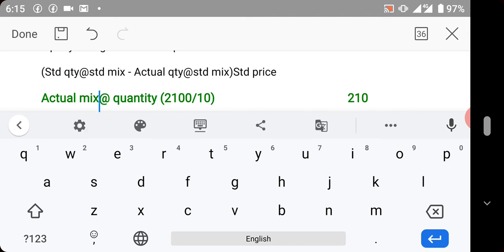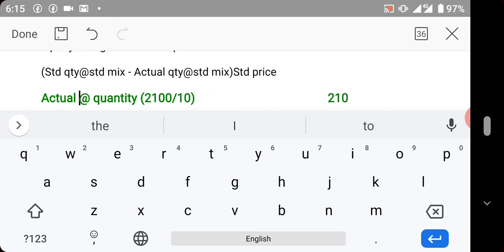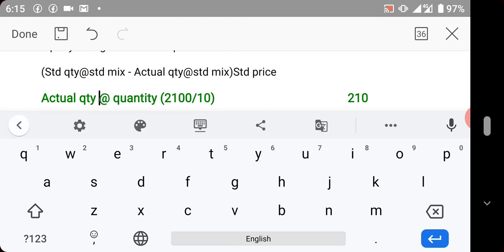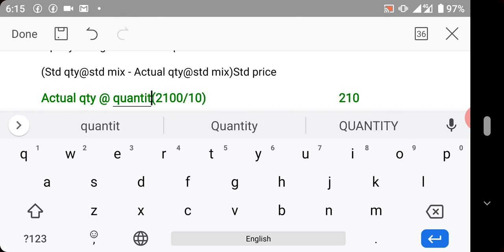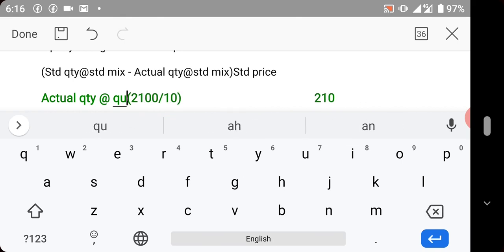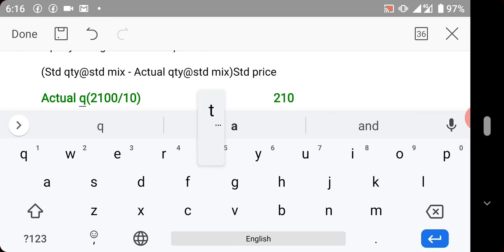Actual mix at standard quantity, that'll be actual quantity at standard mix. Or to just make it easier, I'll just call it actual quantity.